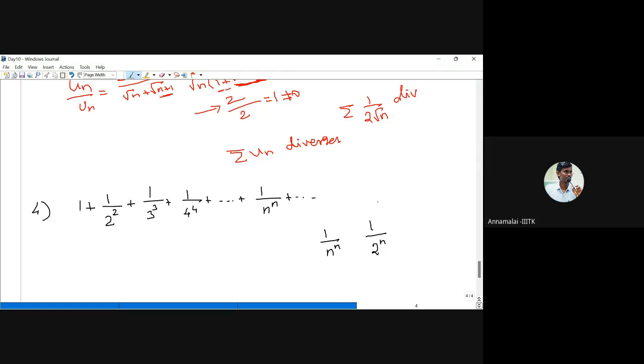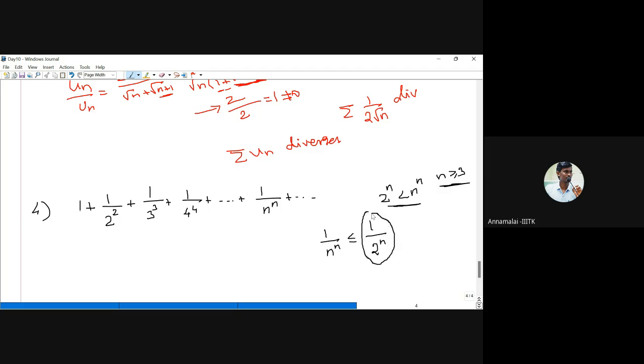So we know that 2 power n is less than n power n, but this holds for n greater than or equal to 3. For n equal to 2, we get equality, so strictly less than is not true, but the inequality holds for n greater than or equal to 3. Therefore, if we take reciprocals, we get this relation.